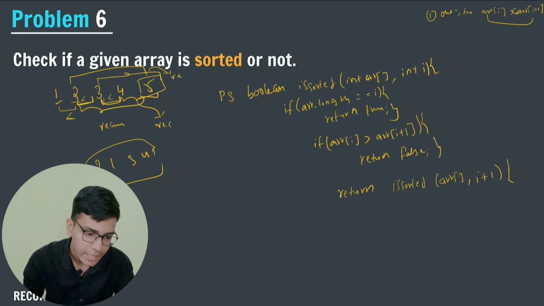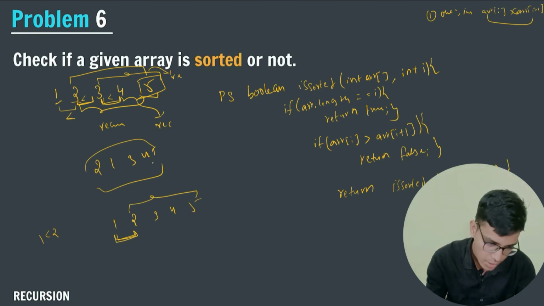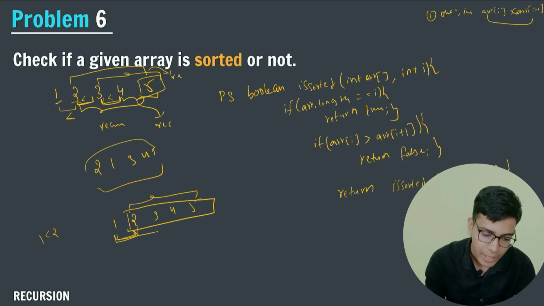So what I am doing here, let us consider 1, 2, 3, 4, 5. First of all I am checking these two. If this condition is true, that is 1 is less than 2, then I will call my same function for this array. After that I am comparing these two values. If 2 is less than 3 is also true, then I will call for this array and check the next two.